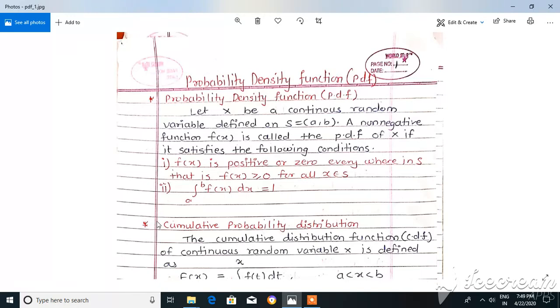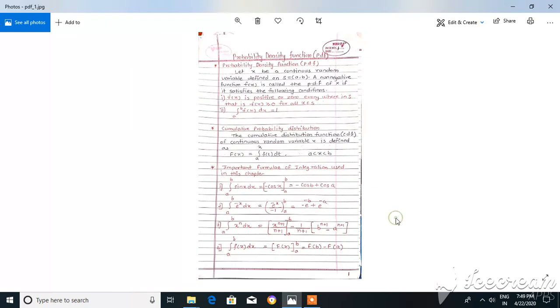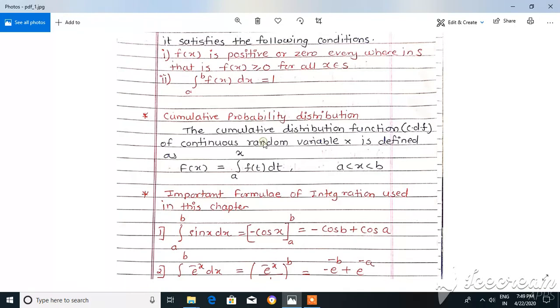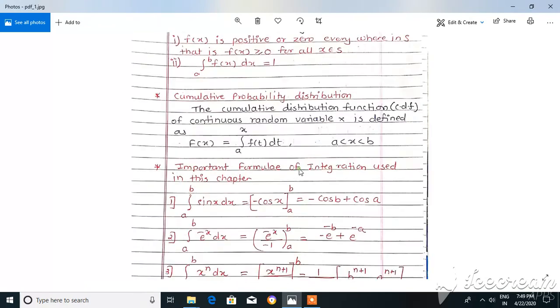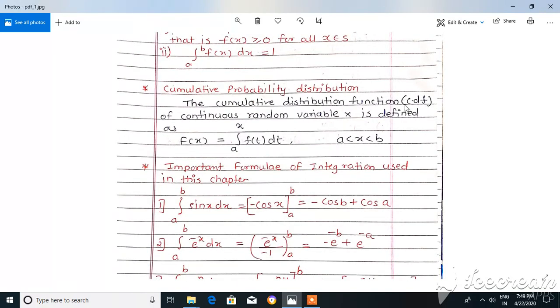Now another definition is the cumulative probability distribution. It is again the same thing, that we are considering f(x). For a continuous distribution, the CDF, cumulative distribution function, is defined as capital F(x), which is nothing but the probability of capital X less than or equal to small x, equal to the integration from a to x of f(t) dt.